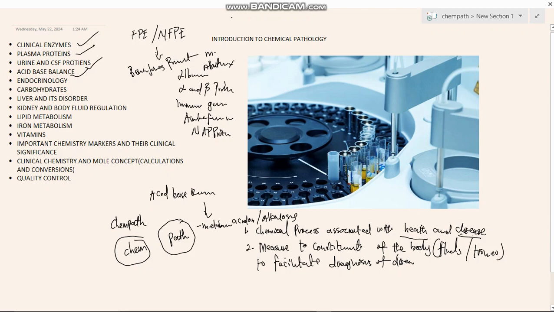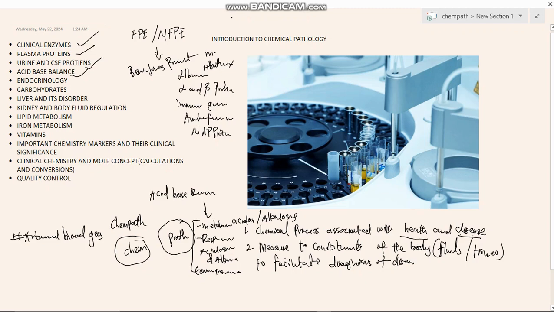We'll go further to talk about respiratory acidosis and alkalosis. Then we'll talk about compensatory mechanisms for each disorder. So under this one, we'll talk about a test we call arterial blood gas. And that is what we use to determine these metabolic and respiratory acid-base disorders.